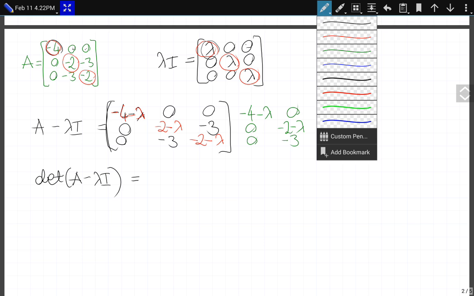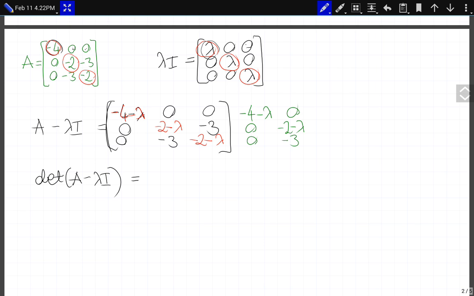So firstly we need this diagonal, so that's minus 4 minus lambda times minus 2 minus lambda squared, because we have it twice. Then we have 0, minus 3.